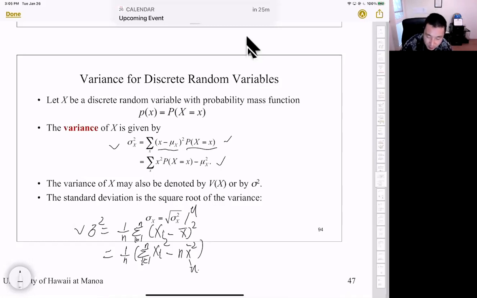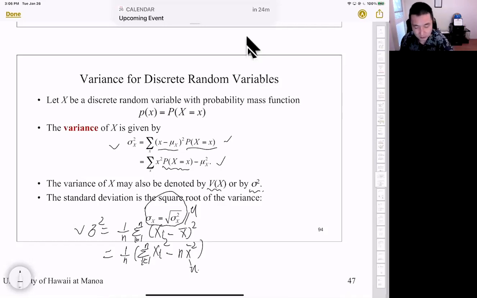The variance can also be written as V(X) or sigma squared. And the standard deviation is the square root of the variance. So when we have the probability mass function, we can easily calculate the mean value and the variance based on the equations in these slides and the previous slides.